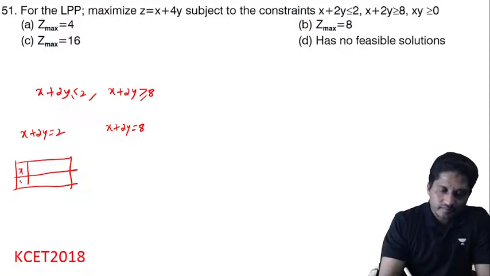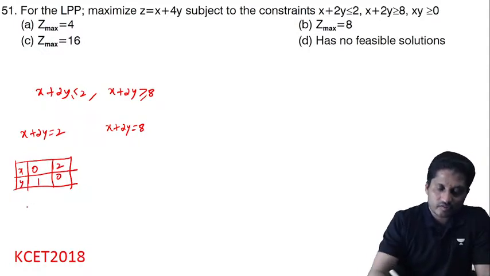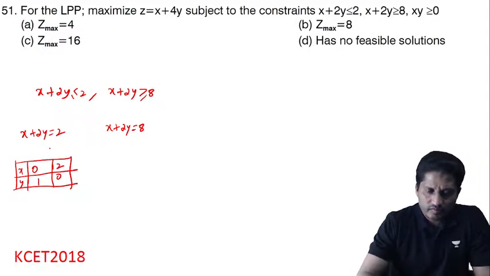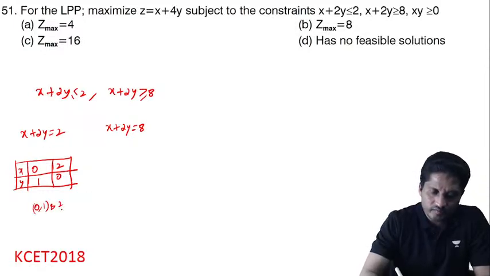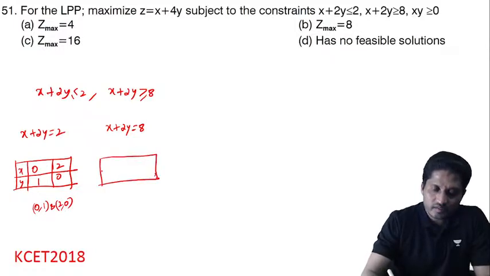X, this is y. Okay? When x is equal to 0, y is equal to 1. When y is equal to 0, x is 2. Okay, and then for the second line, when x is 0, y is 4. When y is 0, x is 8. So 0, 4 and 8, 0.